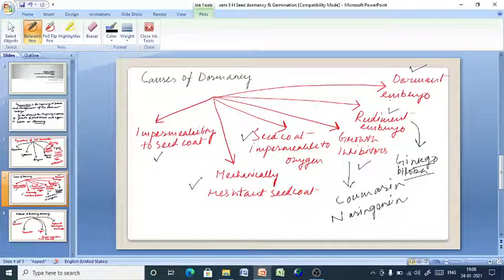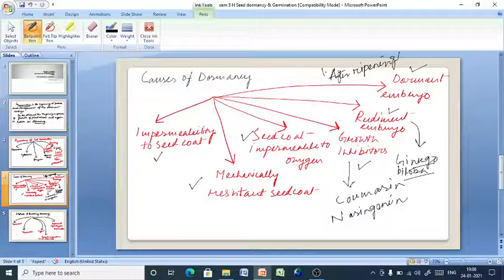And here the embryo is completely dormant. Like the seeds of apple, peach, pines, etc., germinate only after a considerable period of rest. And this rest period is known as after ripening. We must know the condition is known as after ripening, in case of dormant embryos.